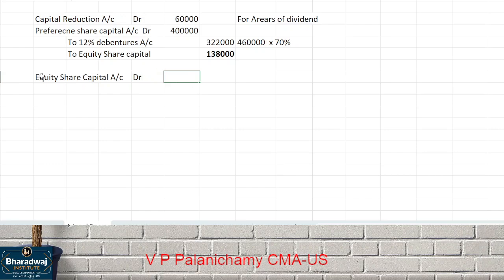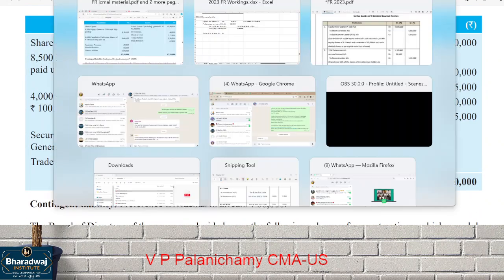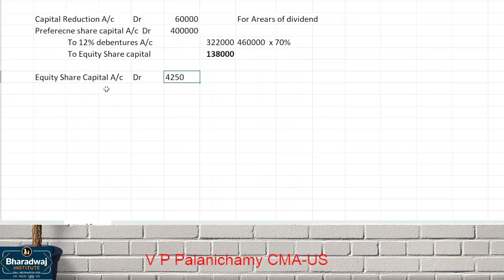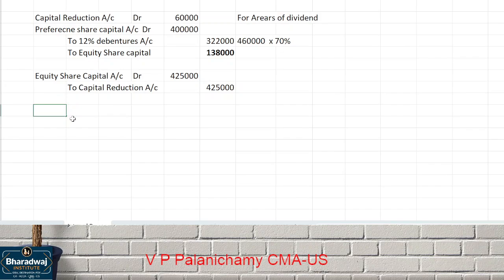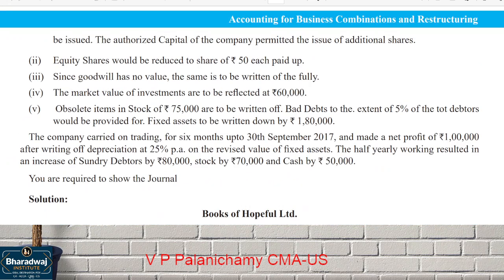How much? 8 lakh 50 thousand, 50%. 4 lakh 25,000. Take it up along with me. No need to wait. What is the next one?